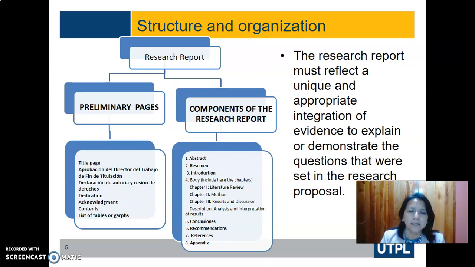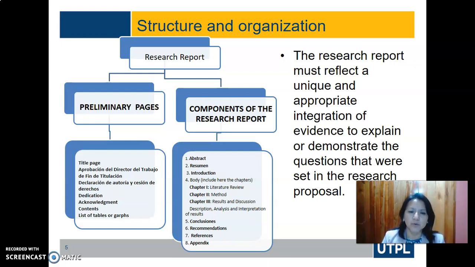In this case, the university has set a format that is presented in this chart and explained in the virtual guide for you to prepare the research report or your thesis. It includes the structure of the preliminary pages and of course the major components of the research report, which include the abstract, the translation of the abstract, the introduction, the body, which is going to comprise 3 chapters.